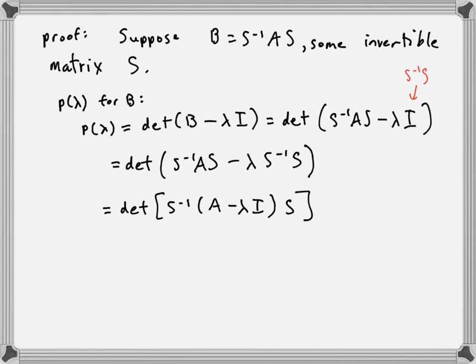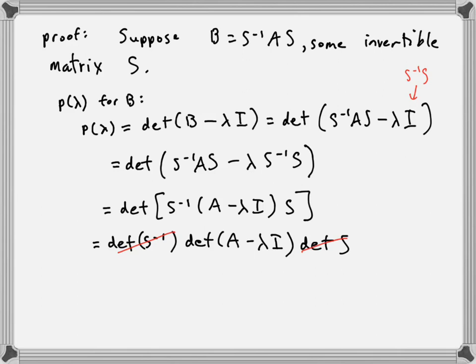There's an S that comes out on the right on both, and there's an S inverse that comes out on the left on both. But then this is equal to the determinant of S inverse times the determinant of A minus lambda I times the determinant of S. This is just a rule of determinants. And we also know that the determinant of S inverse is 1 over the determinant of S. So we know that this and this multiply to 1.